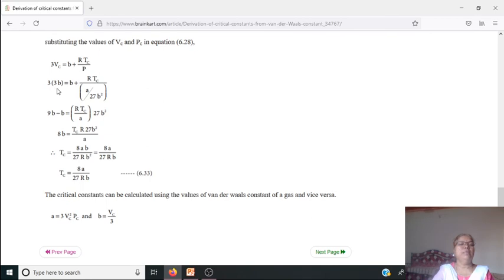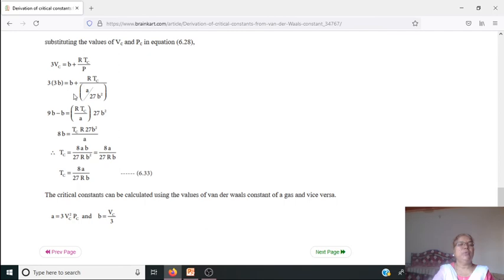The value of Vc is 3B. So we put here the value of Vc; it is equal to B plus RTc, and the value of Pc is A upon 27B square. Solving this, we get 3 into 3, 9, and we put this B from the right hand to the left hand, we get 9B minus B, that means 8B.